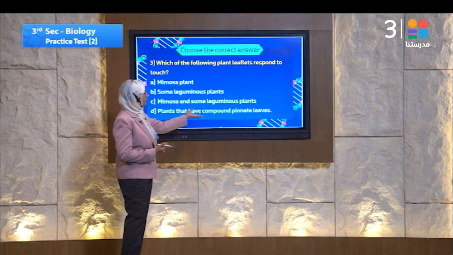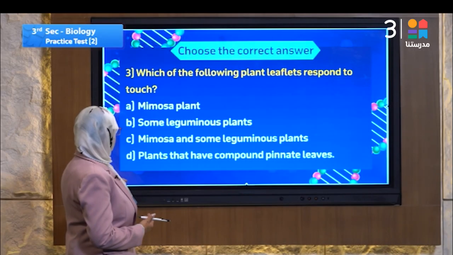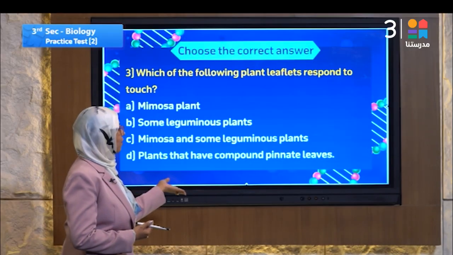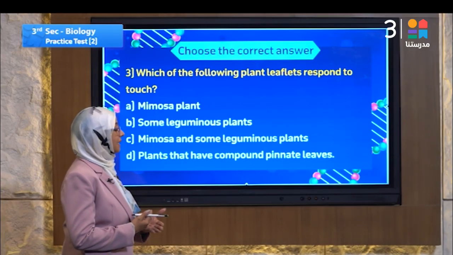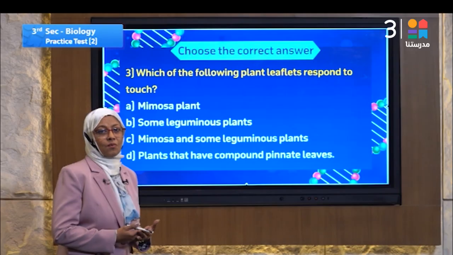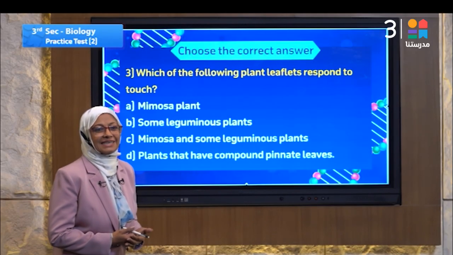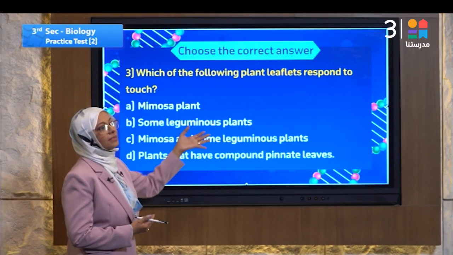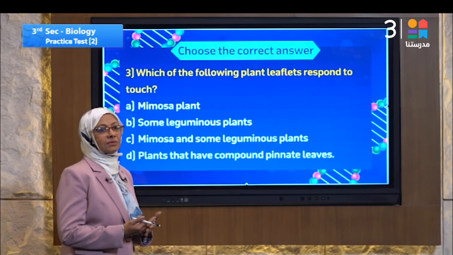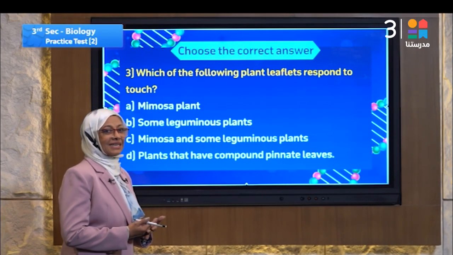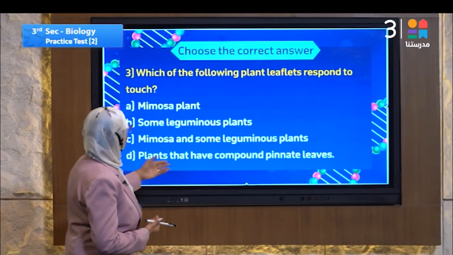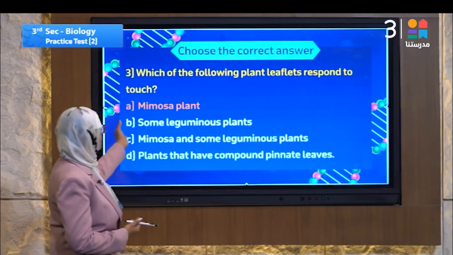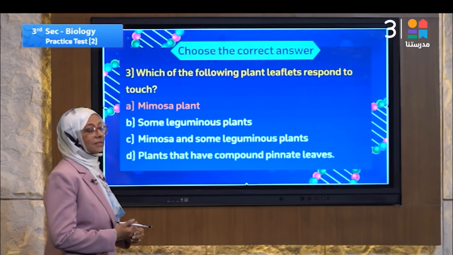Mimosa and some legume plants. D, plants that have compound pinnate leaves. No, the shy one, the shy lady, is the mimosa plant. The mimosa plant responds to touch because it's the shy one that responds when touched. So the answer must be the mimosa plant.